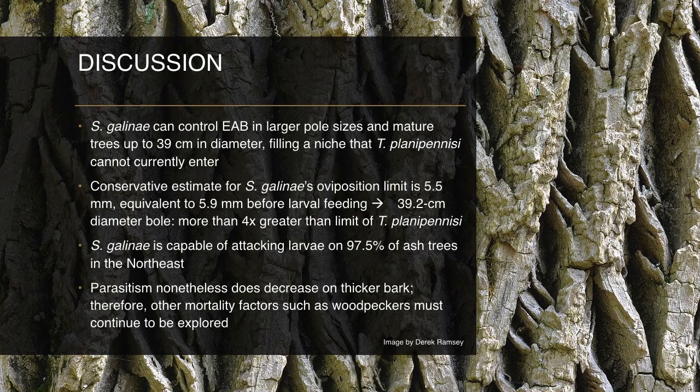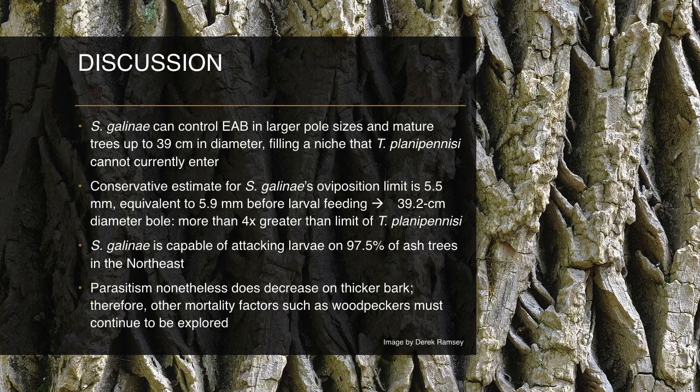And so this led to the conclusion that Spathius can control the ash borer in larger sized trees, filling a niche that Tetrastichus currently cannot. And if you do some calculations on the different sizes of ash trees in the Northeast, Spathius will be capable of attacking 97.5% of those.